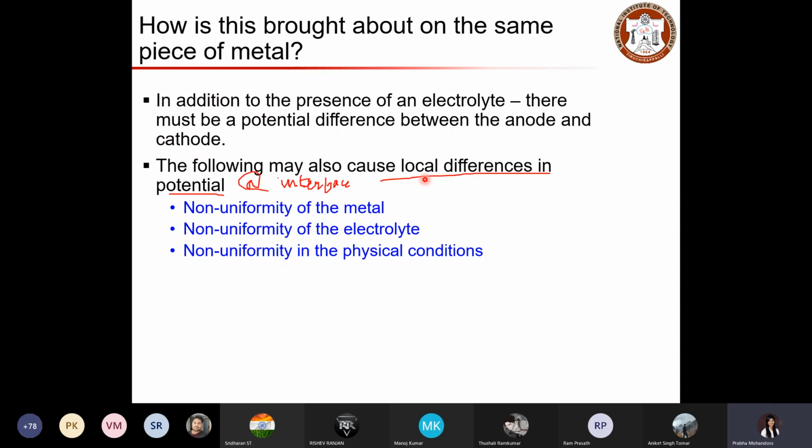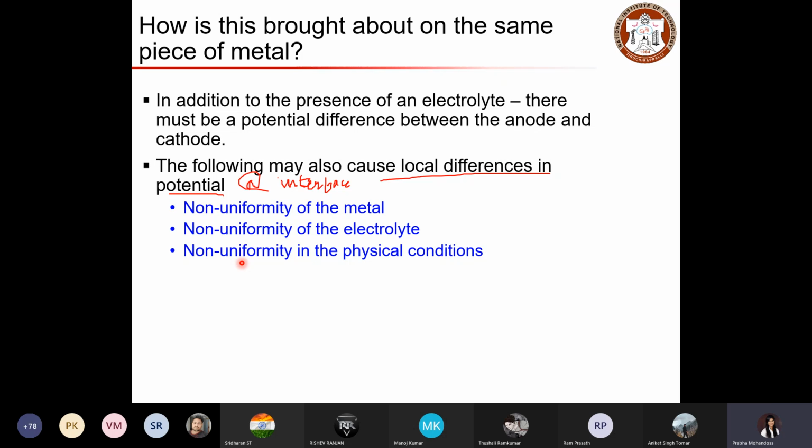And in the electrolyte that we have for the process, if there is non-uniformity in the electrolyte, that will lead to the formation of potential difference. And then the physical conditions. If the physical condition is different at the interface, that will lead to non-uniformity of the metal.